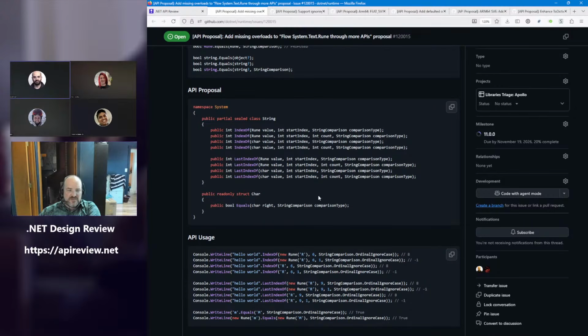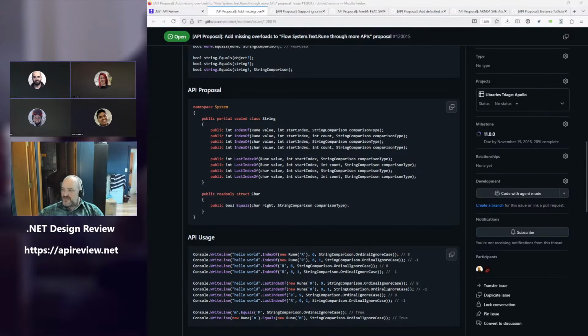The other proposal was covering the string and the character and the rune, different types. And for the character struct, we added overloads there already. The idea here is, as we have overloads that take rune with the string comparison, it makes sense to have a similar overload inside the character that takes string comparison too.